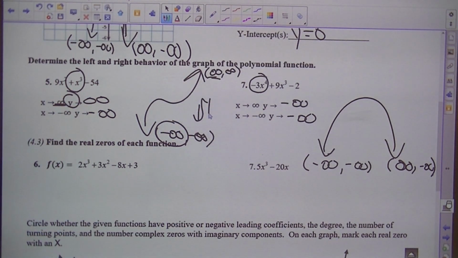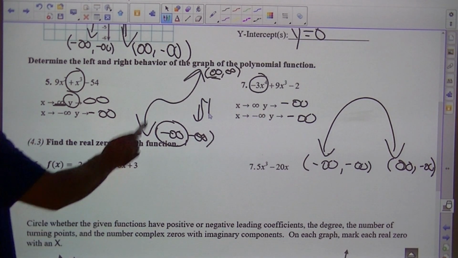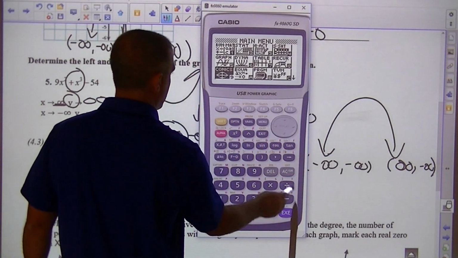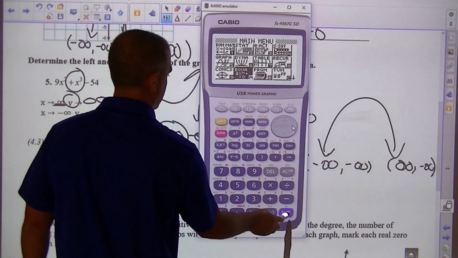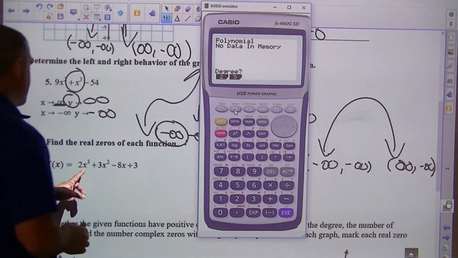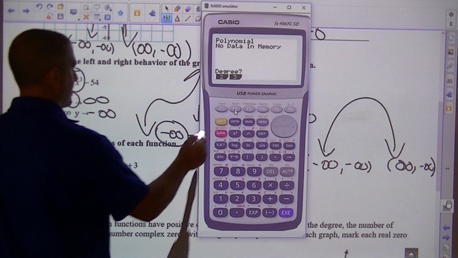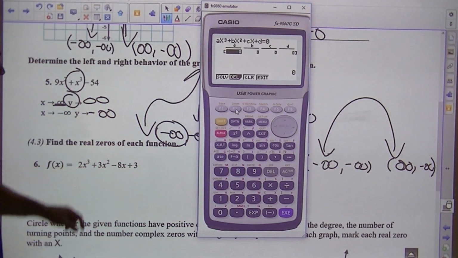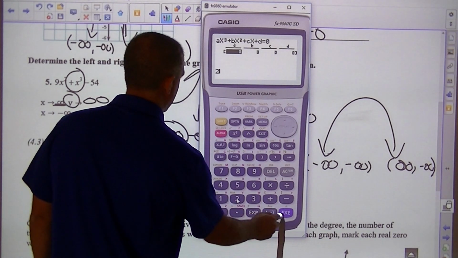Okay? All right, find the real zeros of each function. This is pretty simple. All you're going to do in your calculator is go to Menu and Equa. All right, I select Polynomial, which is F2, and the degree I have is 3 here. Okay? So what you do is you type in the number in front of x cubed, which is 2.